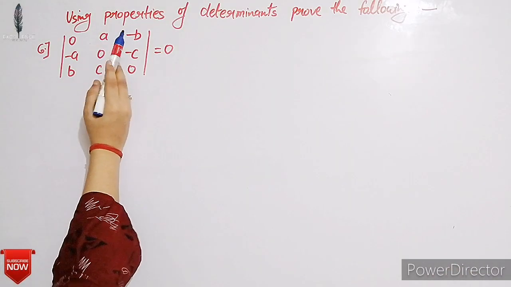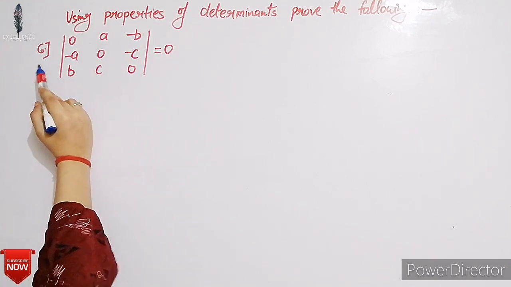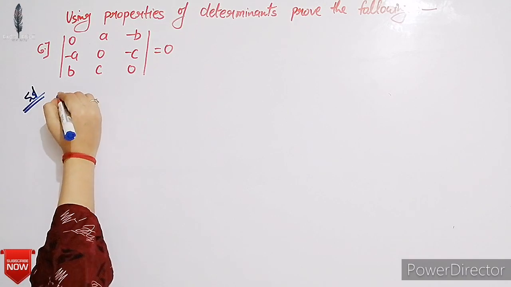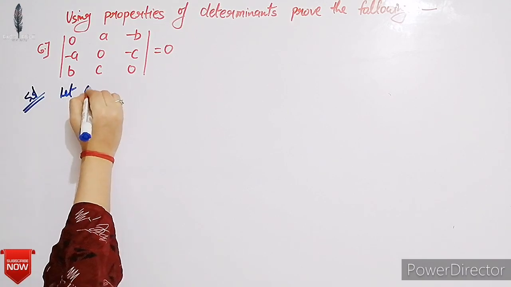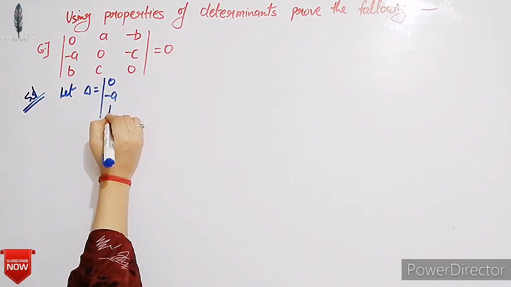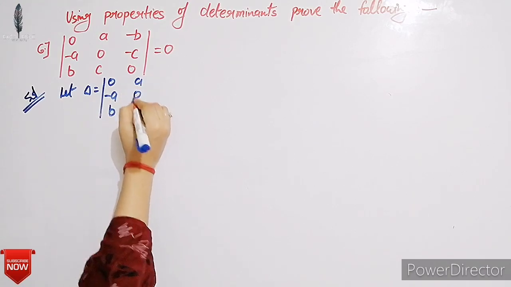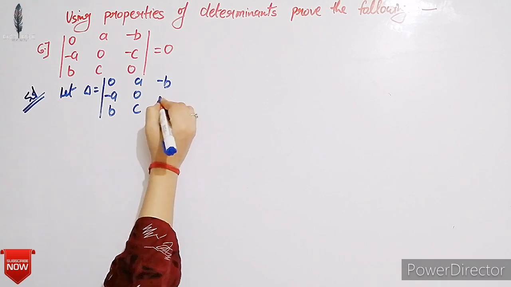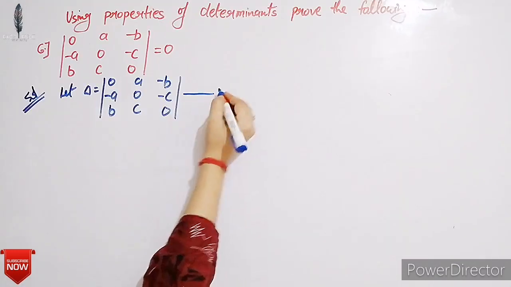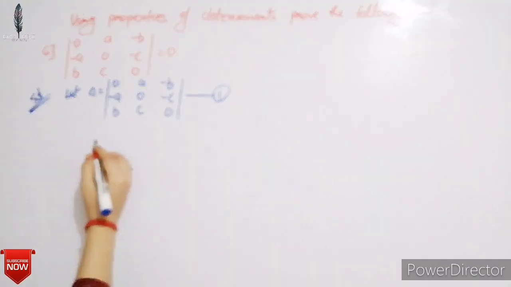Question number 6. Here also we have to prove by using properties of determinants. Let's solve it. Let the given determinant be delta equals to 0, minus A, 0, C, minus B, minus C, 0. Let it be equation first.